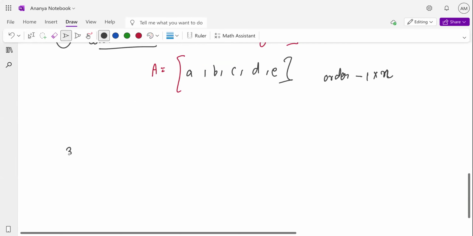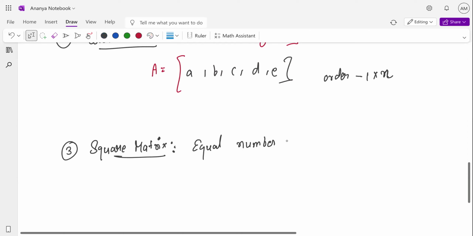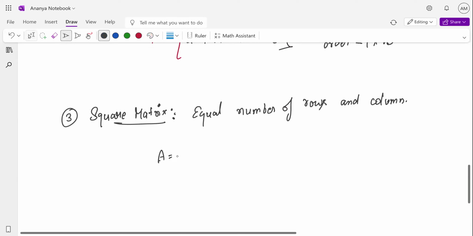So after row and column, we have the square matrix. What does this square matrix mean? Equal number of rows and columns. Okay, so the matrix is there.